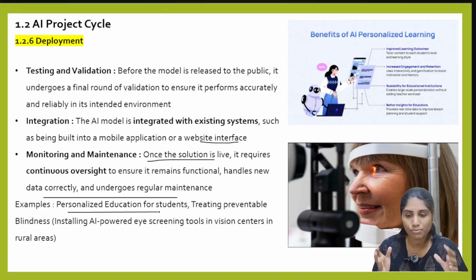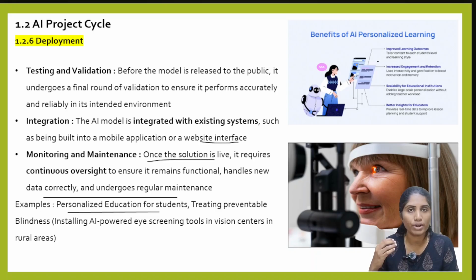That is where we come up with this AI model called personalized education. It will ask for your skill sets and your interest in subjects, and accordingly it will prepare its own content and give it to you. It depends on the student. That can be one of the main benefits of AI.